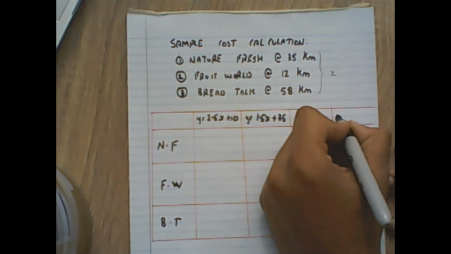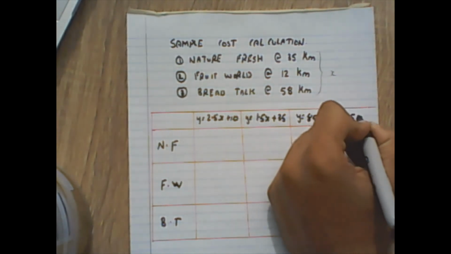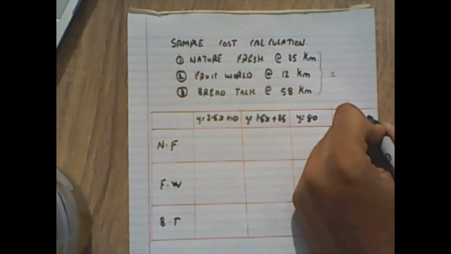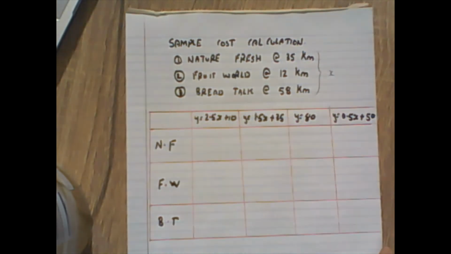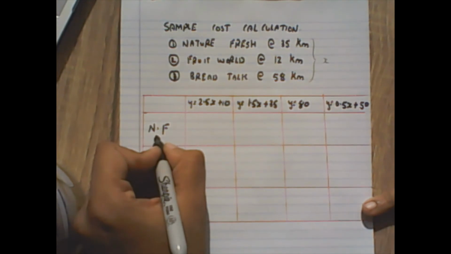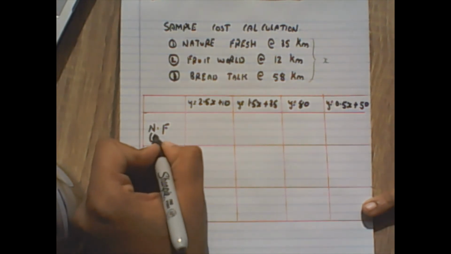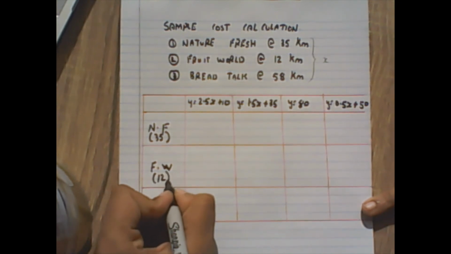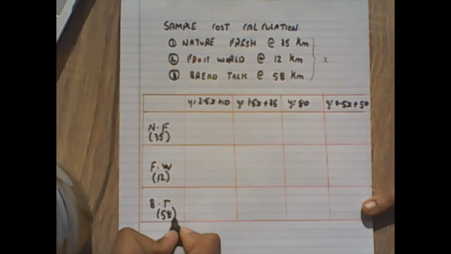And the last one is y equals 0.5x plus 50. So I've popped out all my equations. Basically here, just to make things easier, what I'll do is, below these words, I'll be writing down my x values that I need to be putting in. So I put in 12 here, and I put in 58 here.